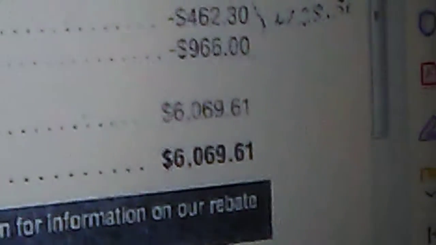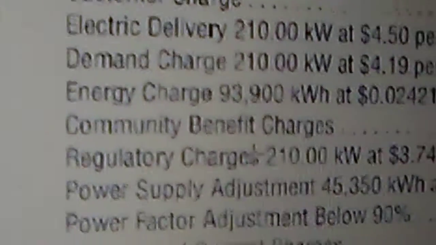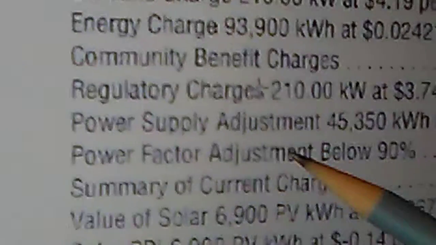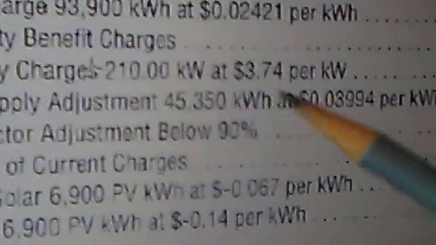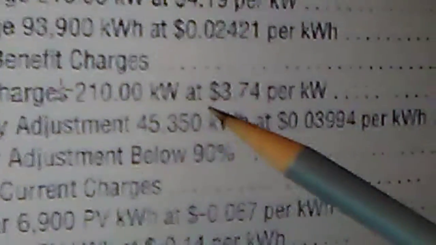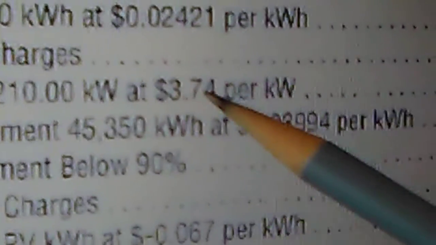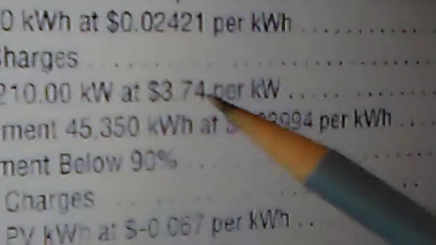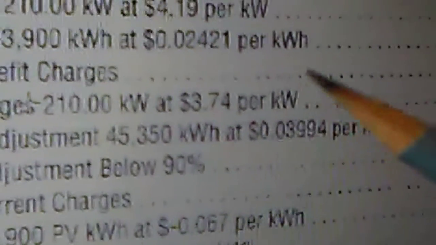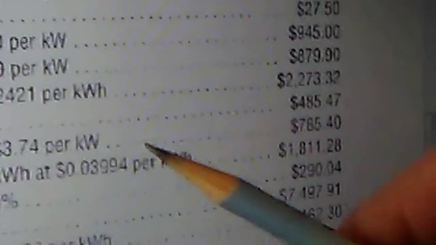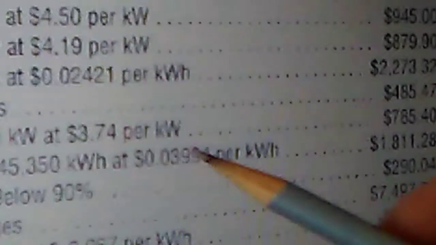We get this $2,273 number. And there's a second component of the energy supply, or the energy charge, which is called the power supply adjustment. In this case, that's multiplied times a lower number than the 93,900, because this church is on an electric rate which only applies this power supply adjustment to a portion of the kilowatt hours.